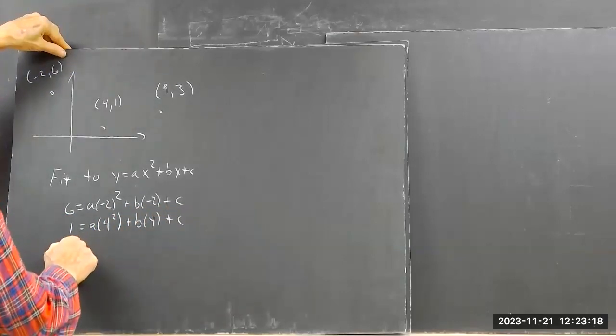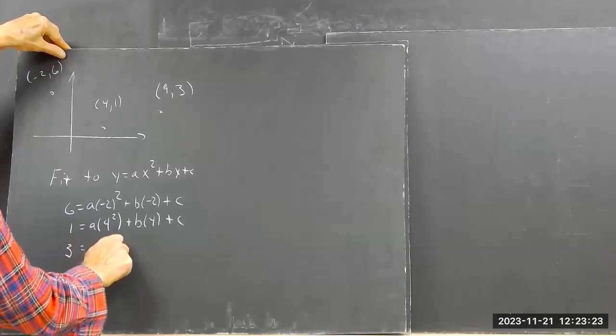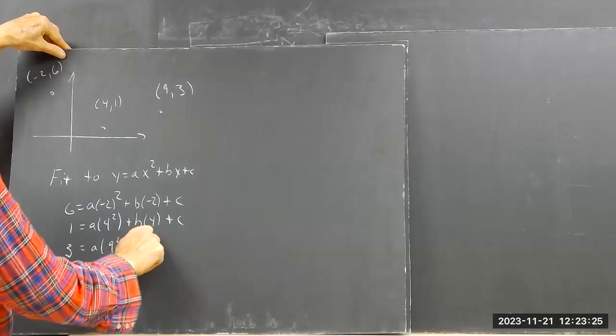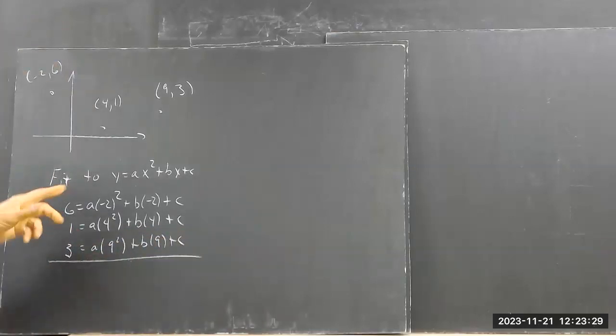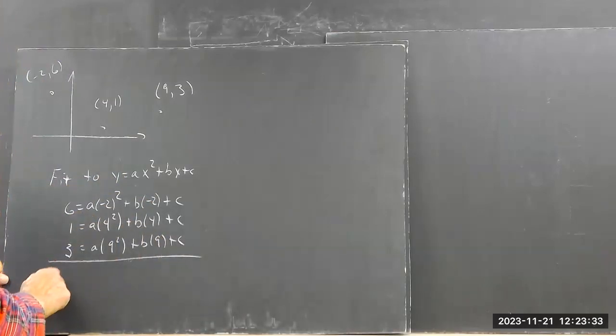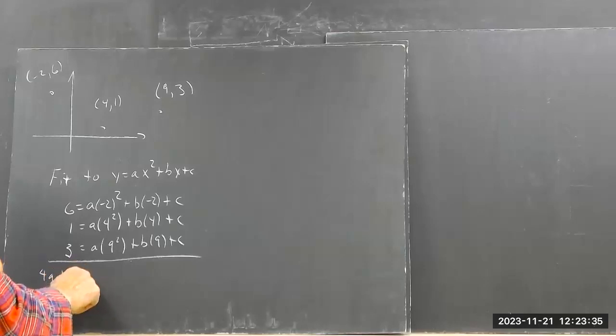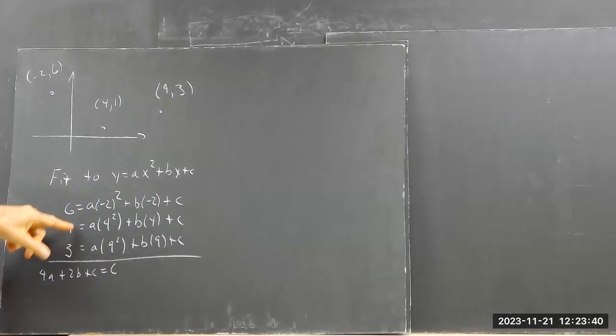Wait, the second one has y equal to 1, so 1 equals a times 4 squared plus b times 4 plus c. In the third one, we get 3 equals a times 9 squared plus b times 9 plus c. Do the arithmetic. We're going to get 4a minus 2b plus c equals 6 from this equation.